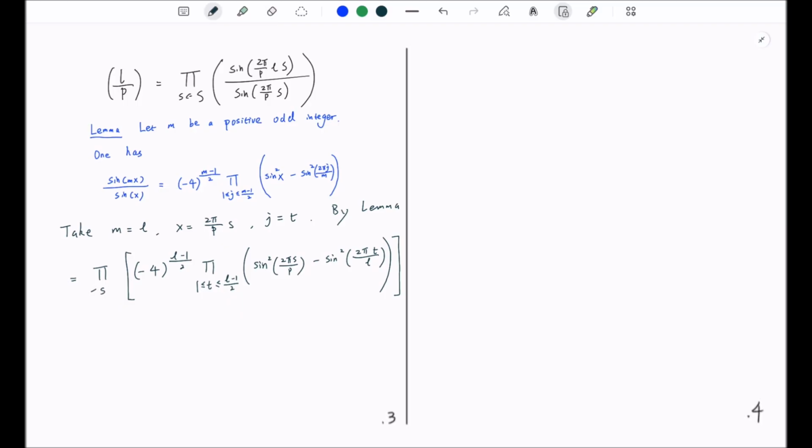So this little s is from 1 to (p−1)/2. And next, we're going to pull this negative 4 to the power (l−1)/2 outside. Remember, this is a product with (p−1)/2 many factors. So when we pull this out, what do we get? We get the extra factor (p−1)/2 because there are (p−1)/2 many terms.